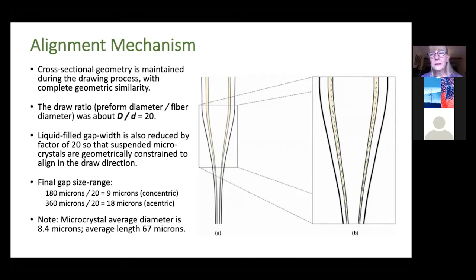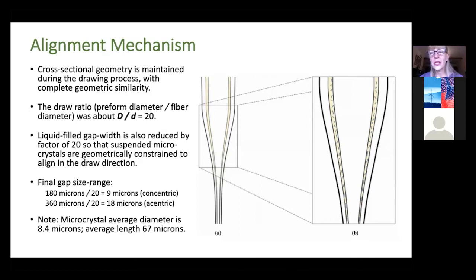And you can even draw more than once, just like with the extrusion process. Multiple extrusions produce better alignment. In this drawing process, you can cascade fiber, bundle it, and then redraw that fiber bundle to produce drawdown ratios of over 10,000 just in 2 draws.